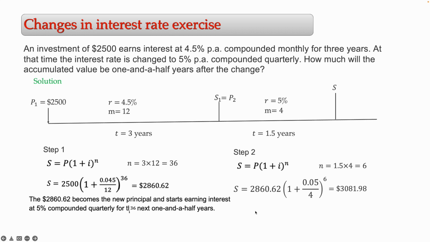And that is the final amount. This is the future value. This is the accumulated value 1.5 years after the change. So let's type this. The accumulated value 1.5 years after the change of interest will be 3018.98. And with that, I finish this problem.